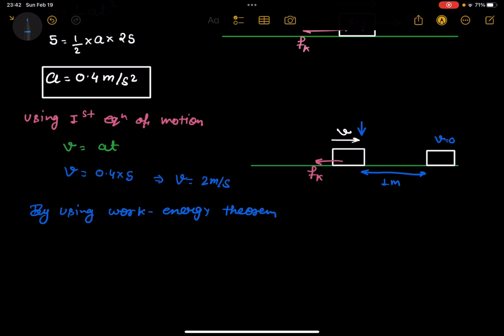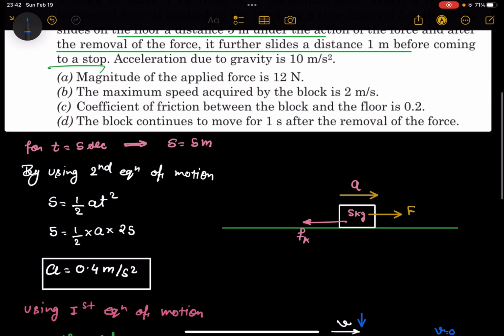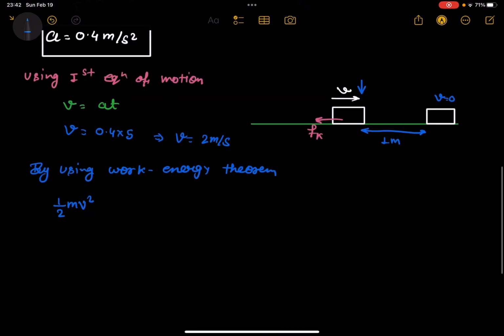So by the work energy theorem, the initial kinetic energy is half m v square, and what is being asked is the coefficient of friction, so minus mu k m g s prime equals 0. The m cancels out and v square by 2 g s prime is equal to mu k.